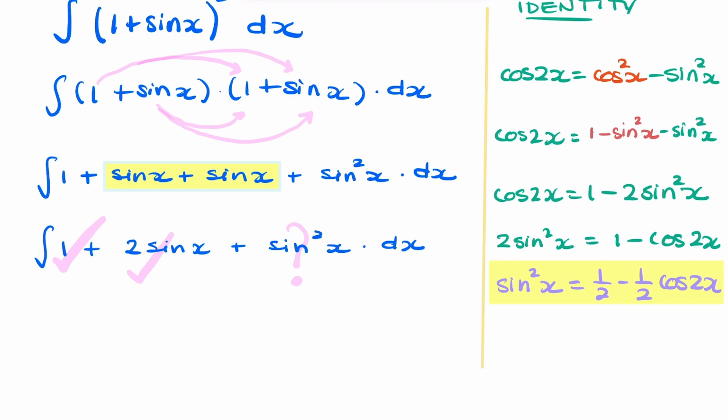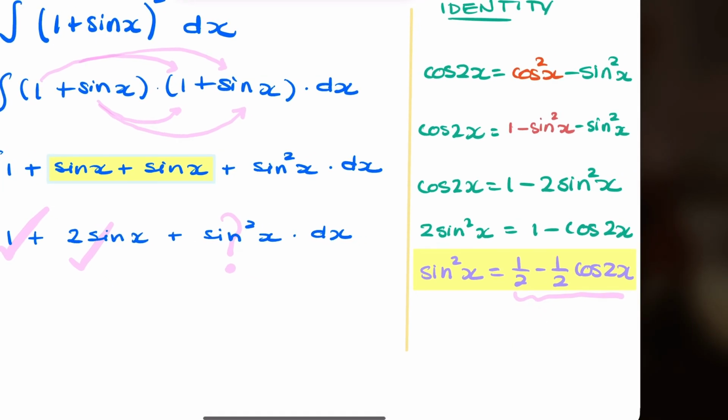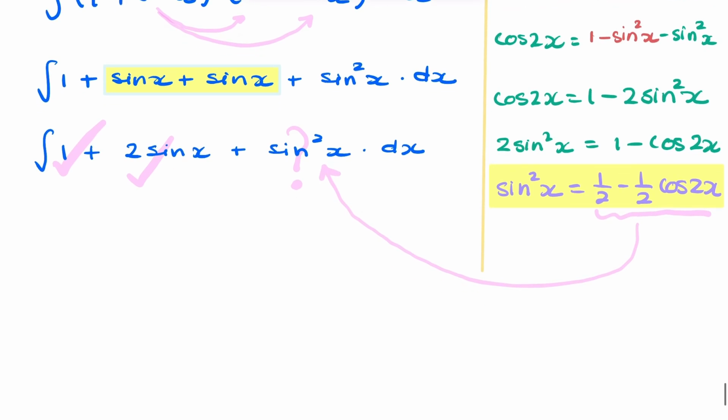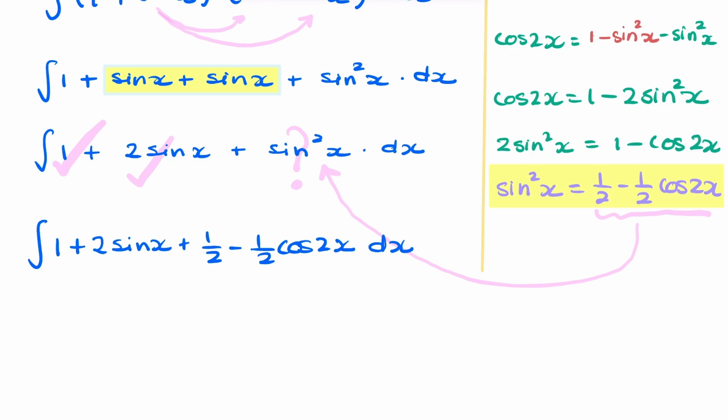So I'm now going to replace my sine squared with that. So my integration now looks like this: 1 plus 2 sine x plus half minus half cosine 2x dx.